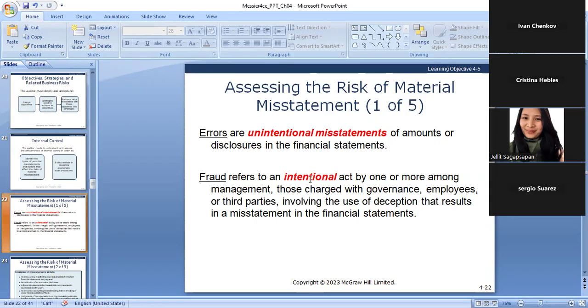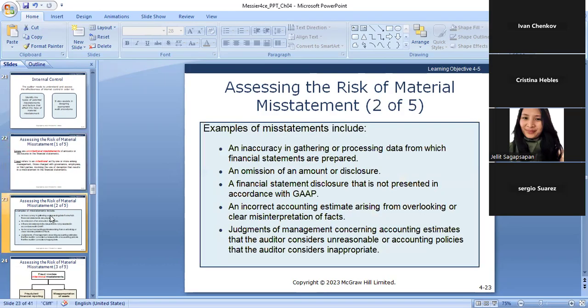Fraud refers to the intentional act by one or more among management, those charged with governance, employees, and third parties involving the use of deception that results in the misstatement of the financial statements. So error is unintentional, whereas fraud is an intentional act. That's what we have to take out from here.